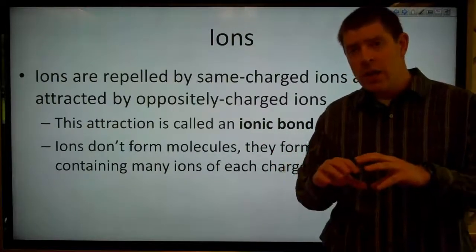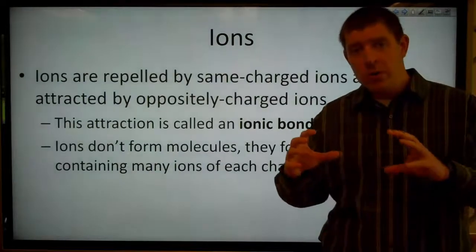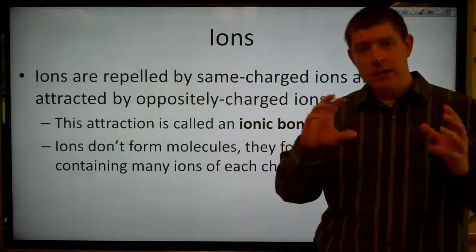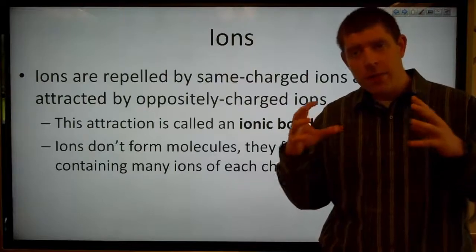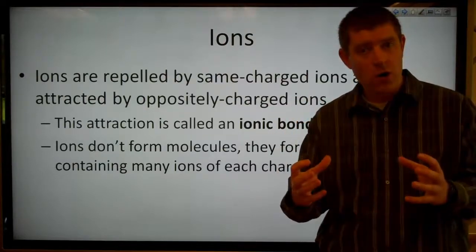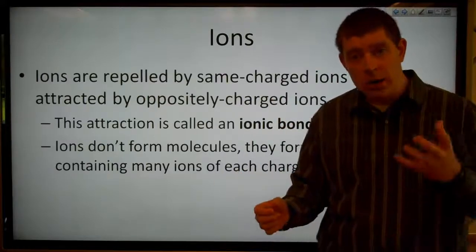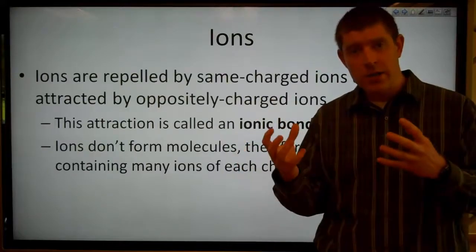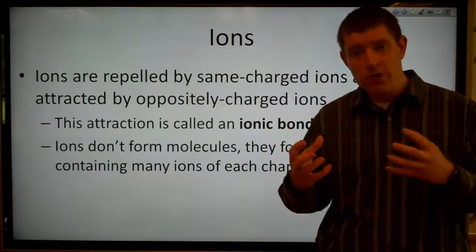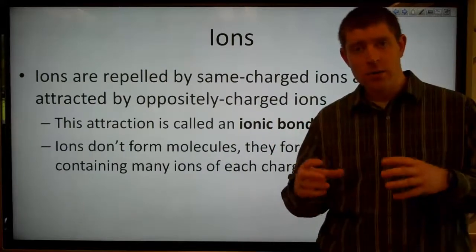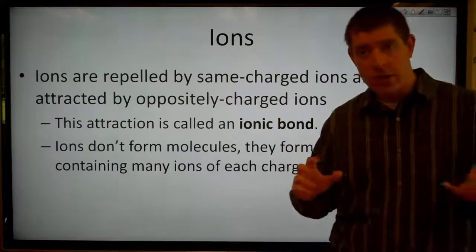Formula unit meaning this is the simplest number of anions and cations that combine together to give us a neutral overall charge. So something like sodium chloride, we need one sodium ion and one chloride ion to combine together to give us sodium chloride. So the formula unit for sodium chloride is NaCl, one of each sodium and chloride ion.